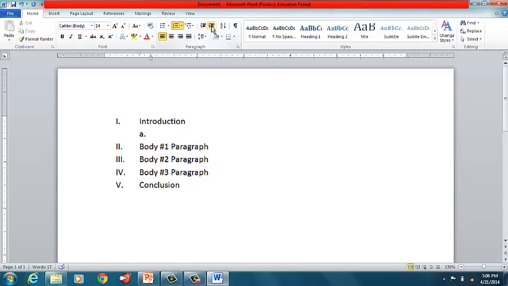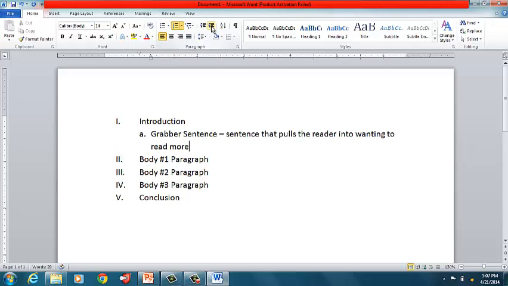All right. So our first sentence of an introduction is what's known as the grabber sentence. Now remember, this is a sentence that pulls the reader into wanting to read more. Do keep in mind, when you're only pulling together literary terms and a short story, it's not always going to be terribly interesting.